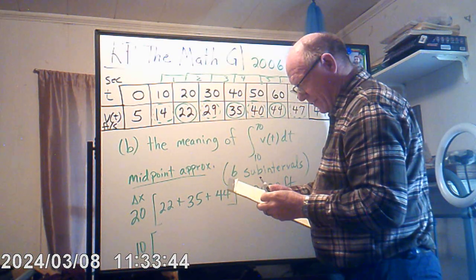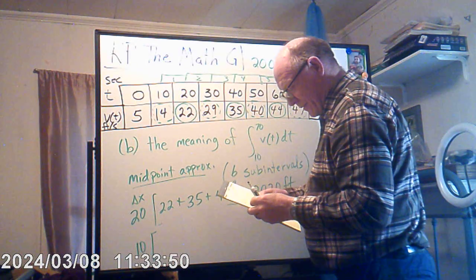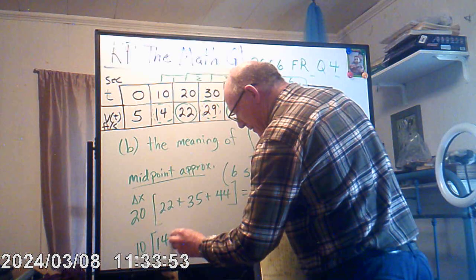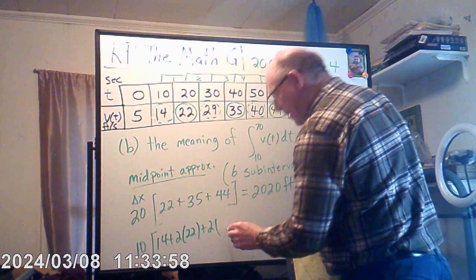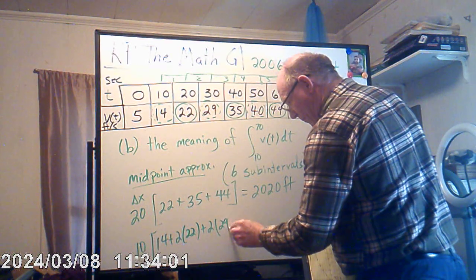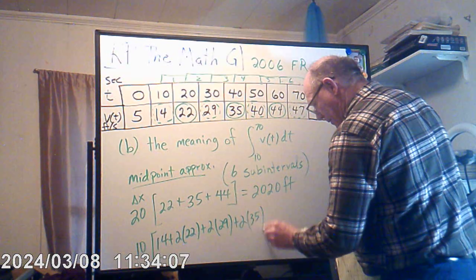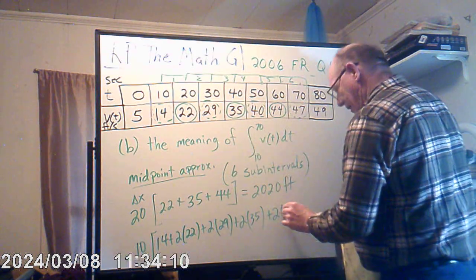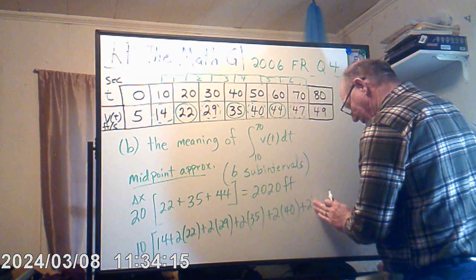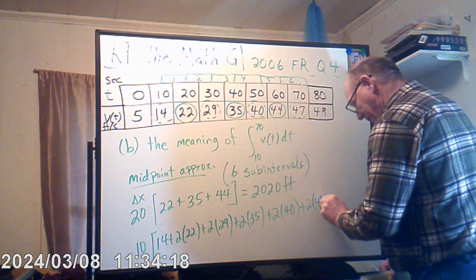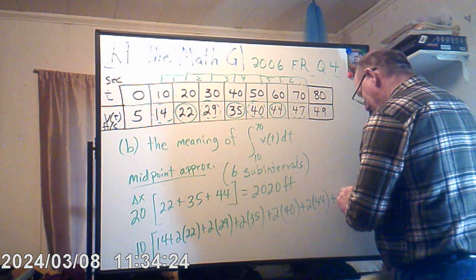Okay, let's see, I think what you would do there is 10 times 14 plus 2 times 22 plus 2 times 29, right, plus 2 times 35 plus 2 times 40 plus 2 times 44, plus 47, okay, 47, like that.